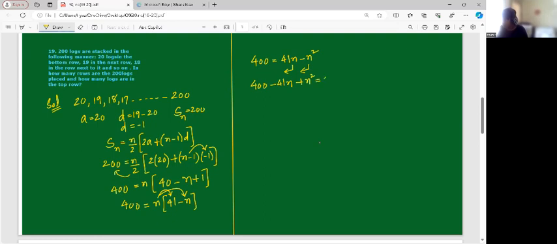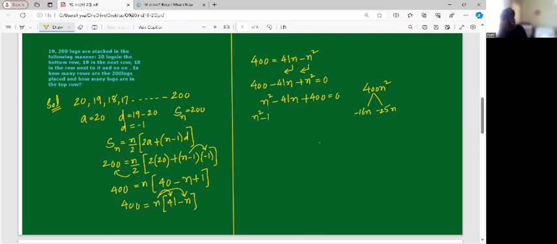We should write it in order and you will get a quadratic expression. We have to find its possible factors: n square minus 41n plus 400. Now factor 400 to get 41. The possible factors to get 41 are 16n and 25n. 16 into 25 is 400, and if you add these two values you will get 41.